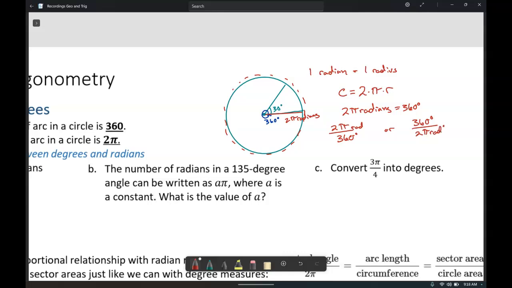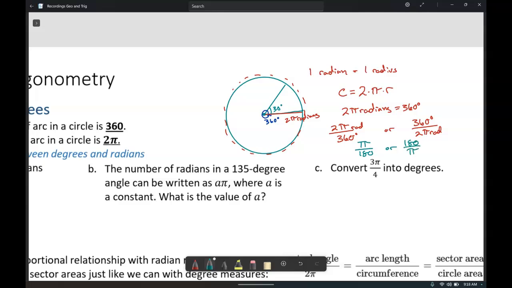This gives us a ratio that we can use to convert from radians to degrees and degrees to radians. We can also simplify this fraction if we divide the top and the bottom by 2 to get pi over 180 or 180 over pi.